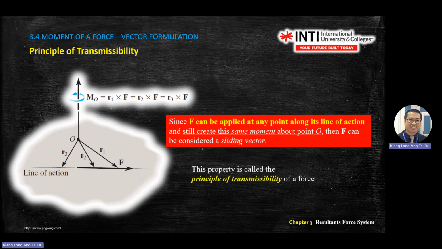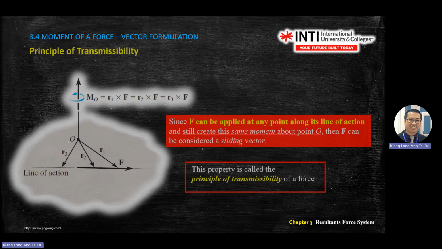So if you move your force along this distance, you need to align with the R2 or R3 properly. Again, this one we won't test you, but we will apply this concept in the tutorial question.